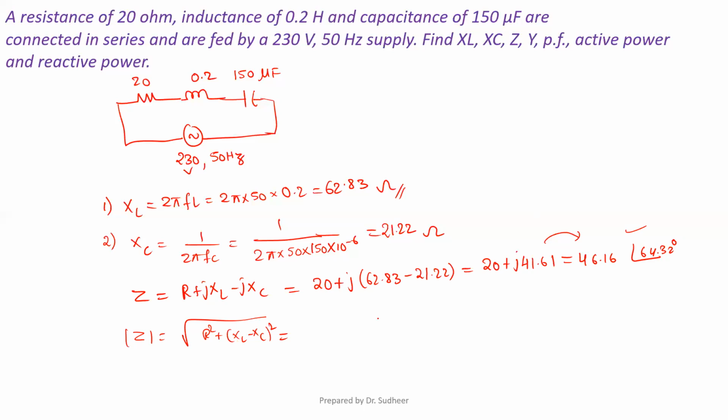So what is Z? Z we got. What is Y? 1 by Z. So 1 by 46.16 at an angle of 64.32.